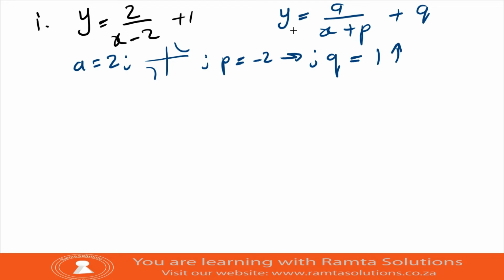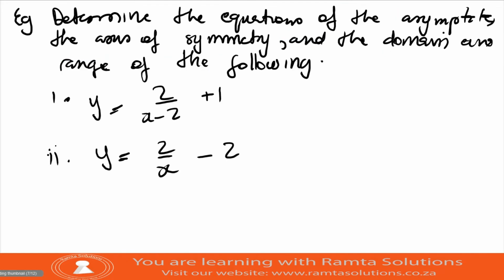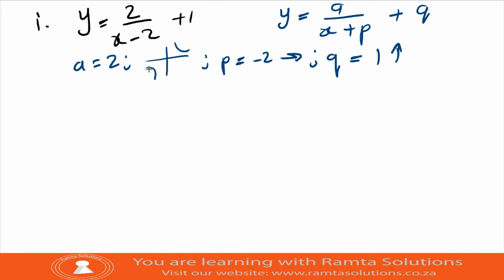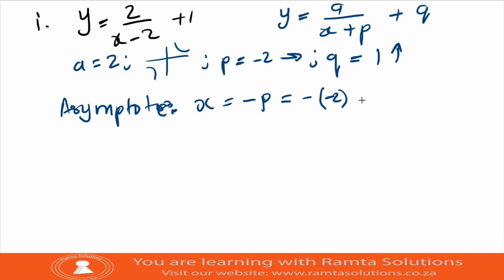Now, the question says we must determine equations of the asymptote. So, for the asymptote, we will say x equals negative p. What is p? P is negative 2. So this is 2.